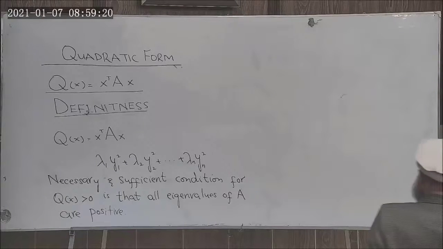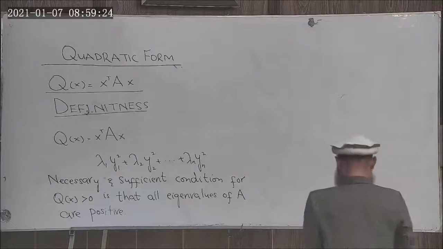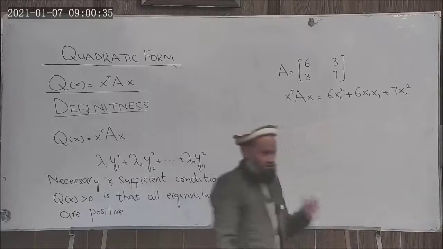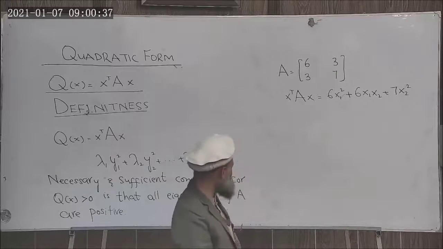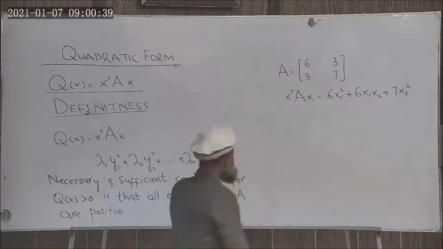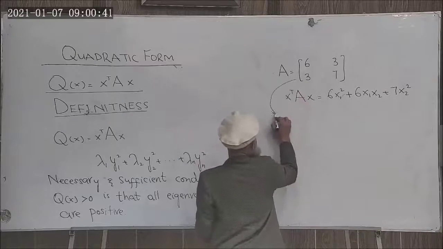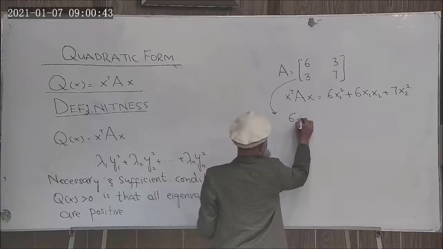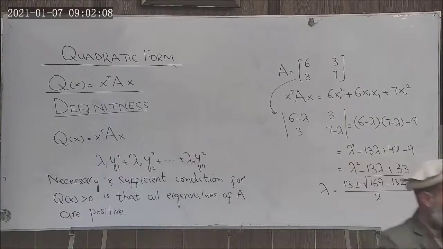For example, what is the definiteness of this quadratic form? We can see the eigenvalues of this matrix, 6 minus lambda. What are the eigenvalues?